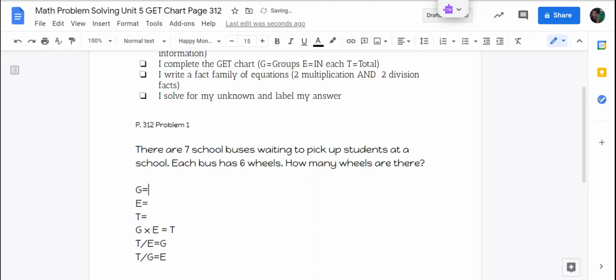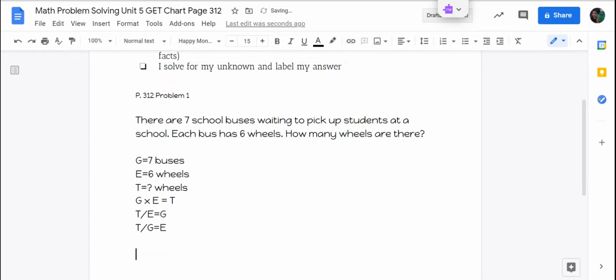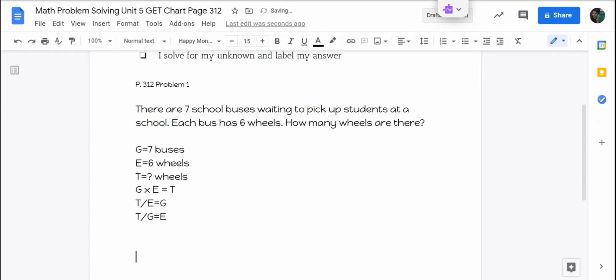How many groups do I have? 7, right, because there are 7 school buses. How many are in each group? 6 wheels. So I don't know my total, but I know my total is going to be wheels based off my question. So now using that information, let's write our fact family.